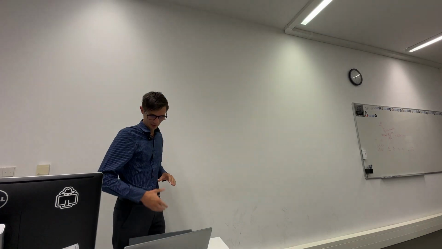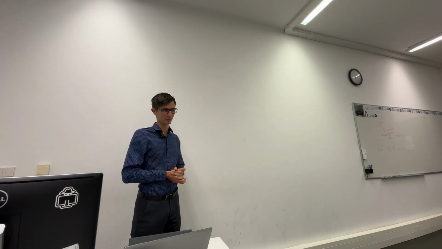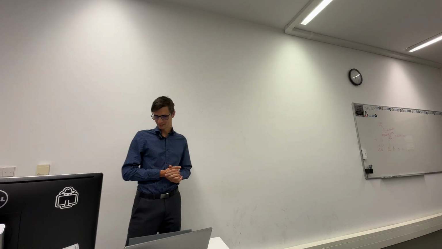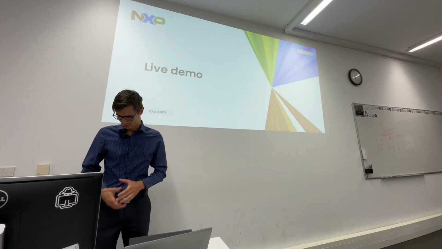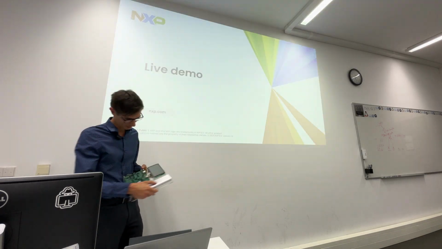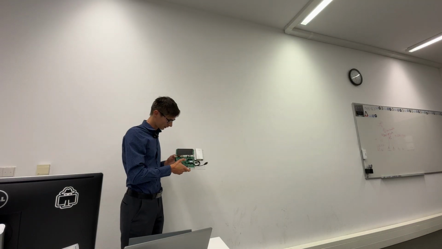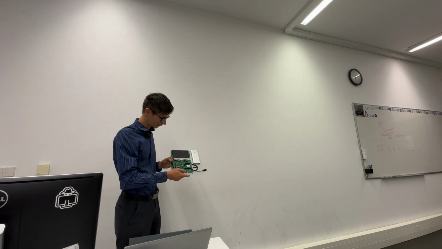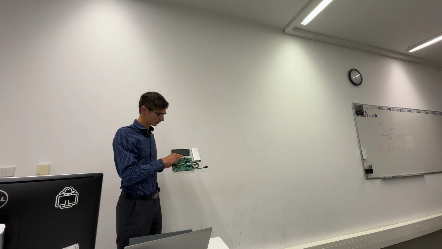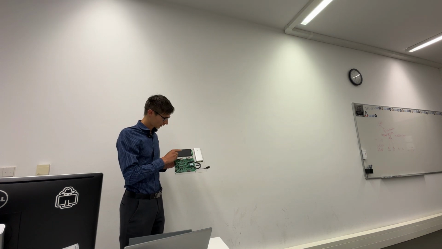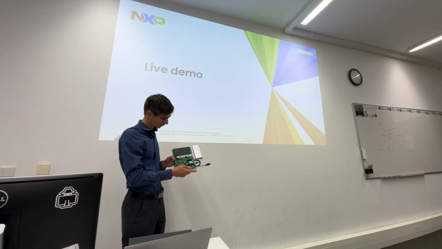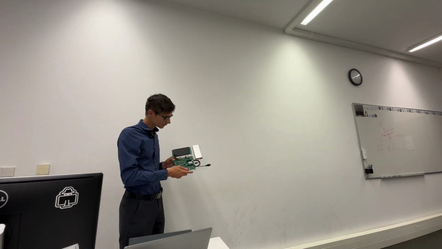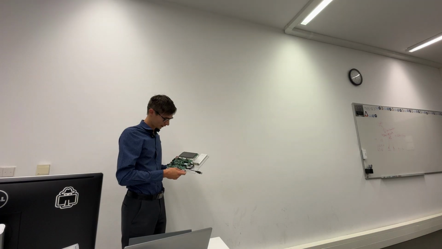So now it's time for a live demo. I have prepared this setup. Here is the RT1170 EVKB board from NXP. There is also a camera and display. Everything is powered by a power bank, so it's fully portable.